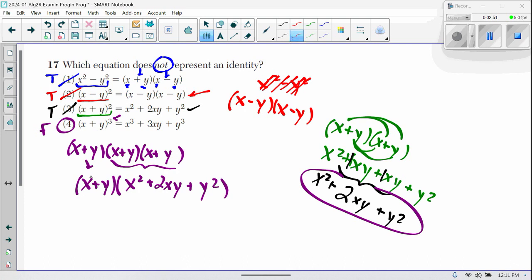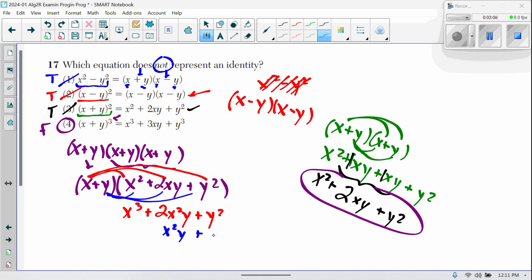If I FOIL this, I'm going to multiply each term times an x. So I get x cubed plus 2x squared y plus y squared. And I got to do the same thing with the y's. Okay, now I get x squared y plus 2xy squared, and then plus y cubed.